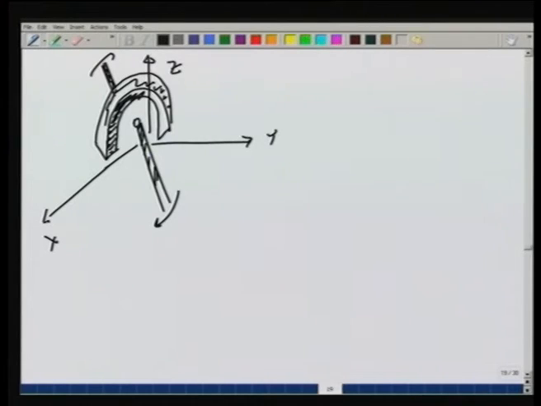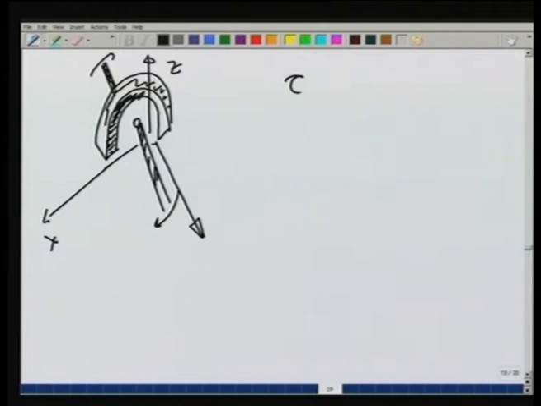Let me be a little more careful. Let me put y perpendicular to the support like this. Then you can see that about the x axis I cannot rotate it. So, the support gives a tau x.